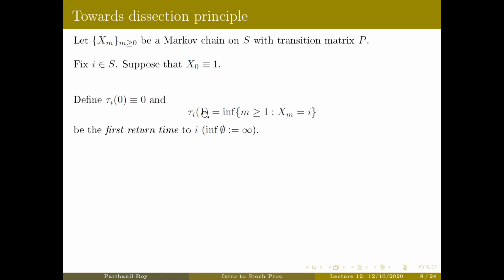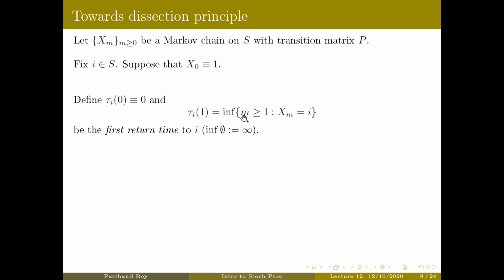Now what is the first return time to I? The first return time is the first time, starting from 1, that X_m becomes I. Okay, this is the first return time to I. Again, as I said, this is a typo, it should be I. Since the chain starts at I, this is called the return time.